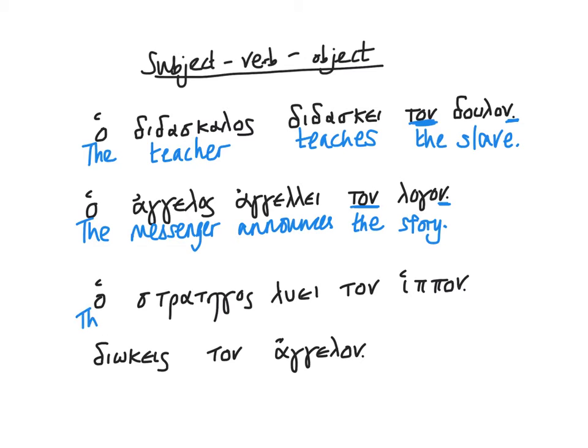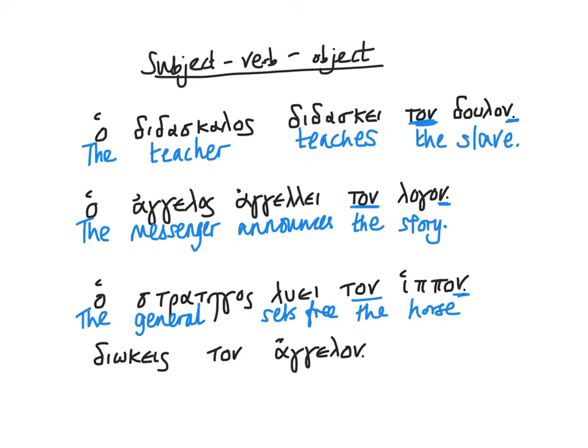Next one, the strategos, the general. Remember, the person who has a strategy. Sets free. And there is ton. Again, the. And the word for horse. Again, with that new on the end. The same pattern is emerging.